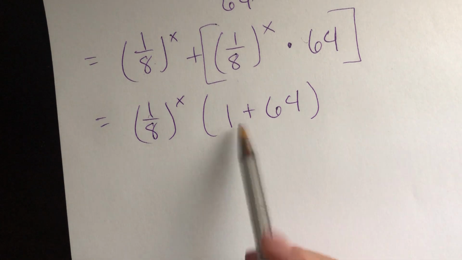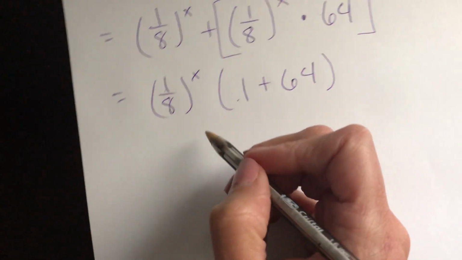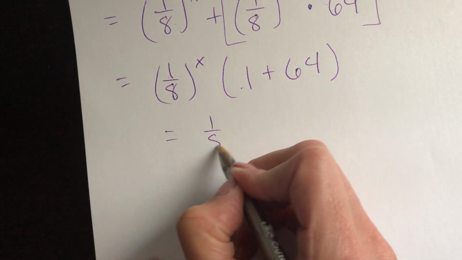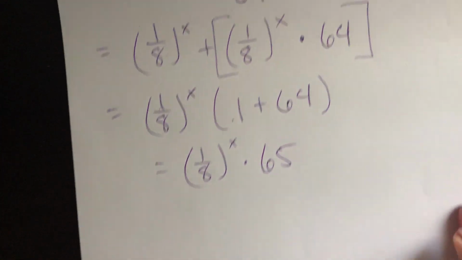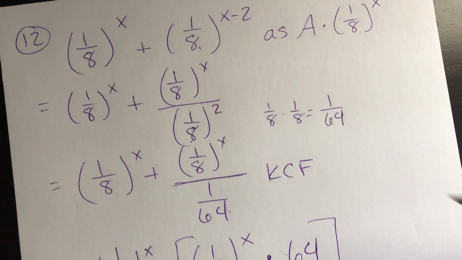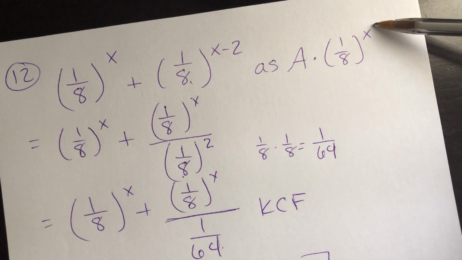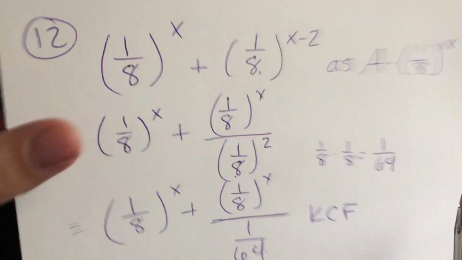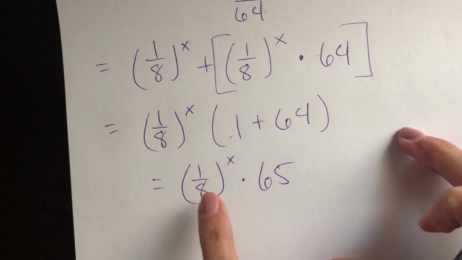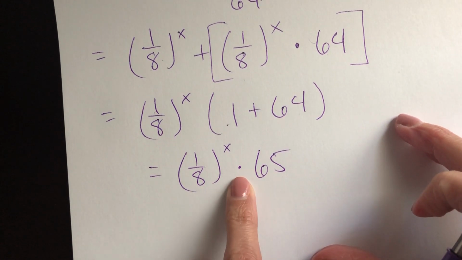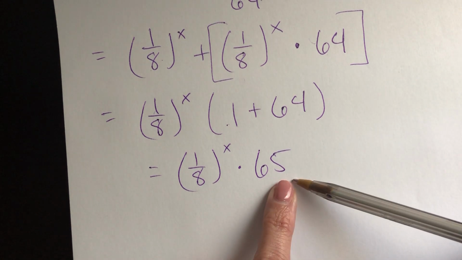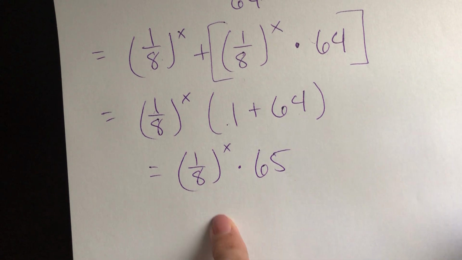Okay, and then just add 1 plus 64, that's 65. So, remember what I wanted. I wanted to simplify it down to 1/8 to the x, and I did that, 1/8 to the x times 65, so that A is 65.